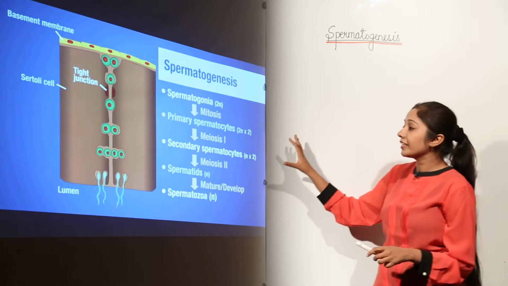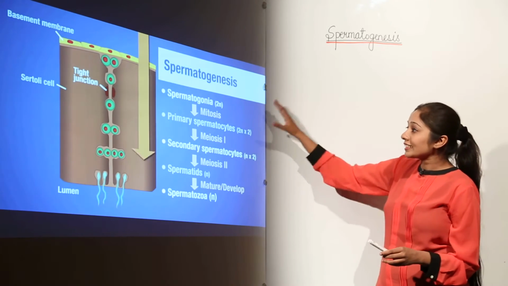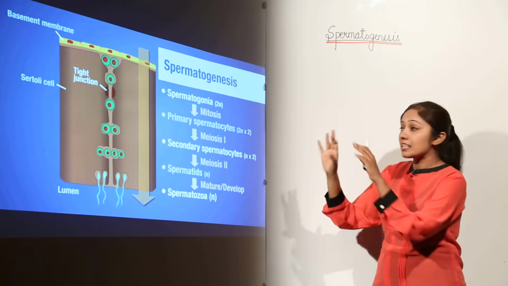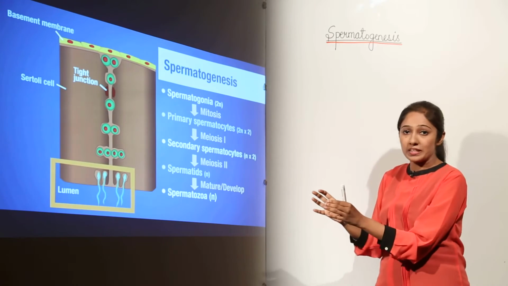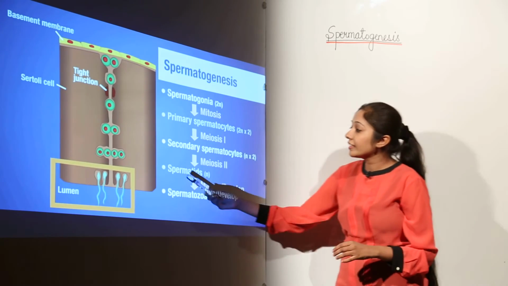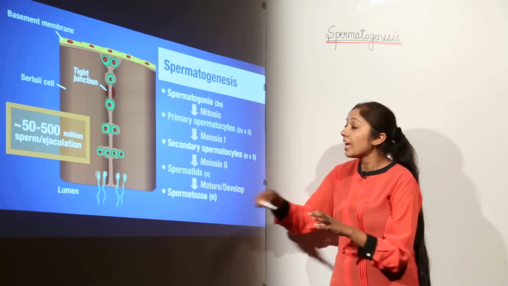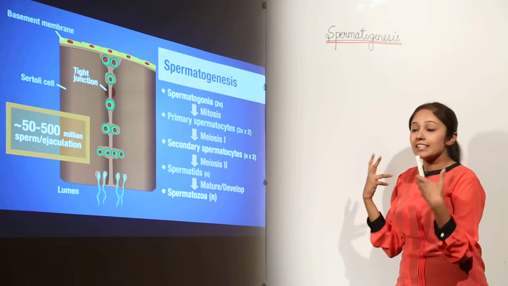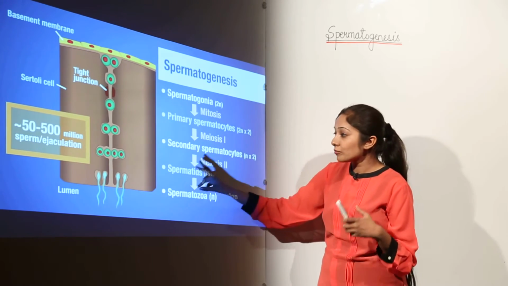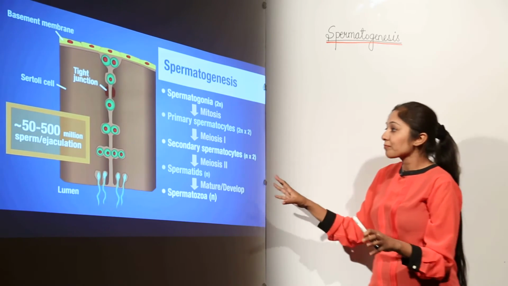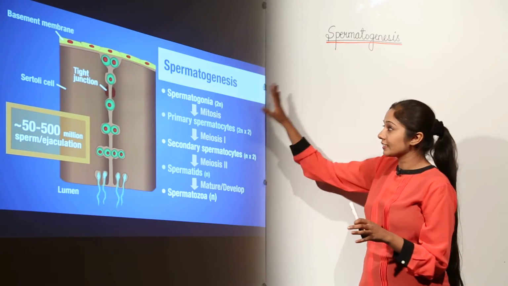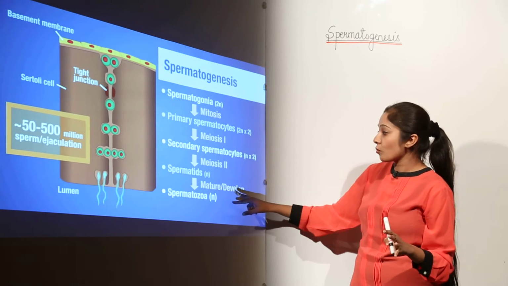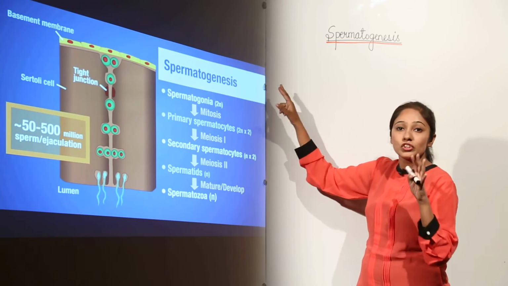So remember, here we can account for the process of spermatogenesis, how this is going to take place in the seminiferous tubules in association with Sertoli cells, and we have the spermatids or spermatozoa in the lumen, and we can have 50 to 500 million sperms which are going to be ejaculated, and from here, from the lumen, they are going to be stored, and the process which involves the formation of these spermatozoa is known as spermatogenesis.